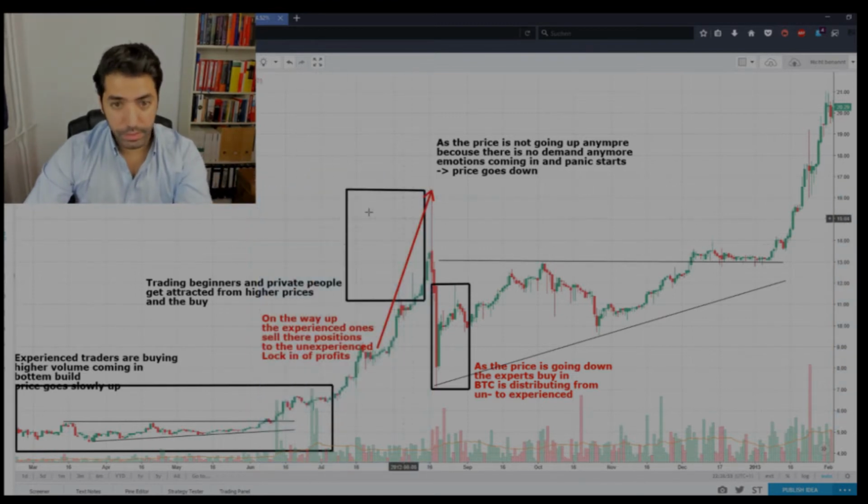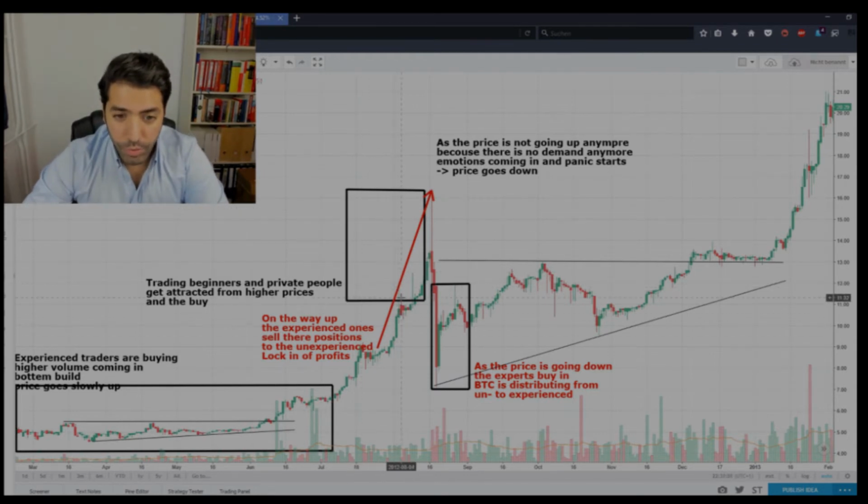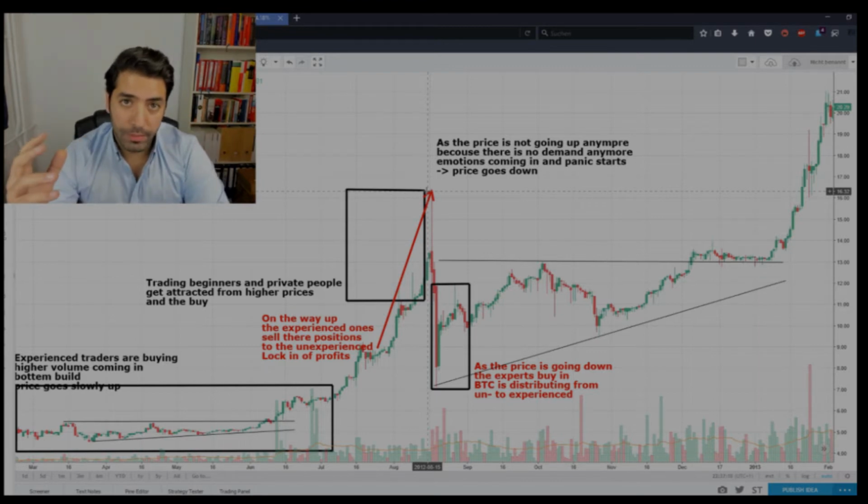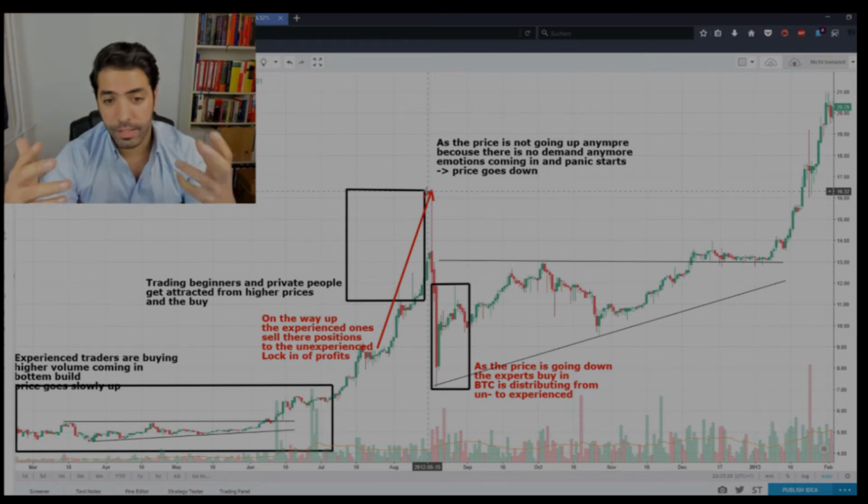Okay, so the inexperienced go into their position somewhere around here, in this area. What happened then? The more informed people, traders, investors, or whatever, sell their positions to the uninformed, and there is no demand anymore behind that, because the smart money is out already and the so-called dumb money is in.